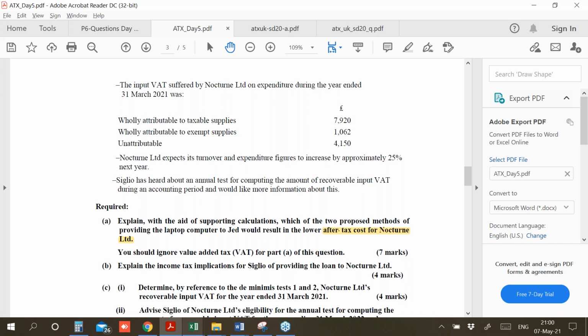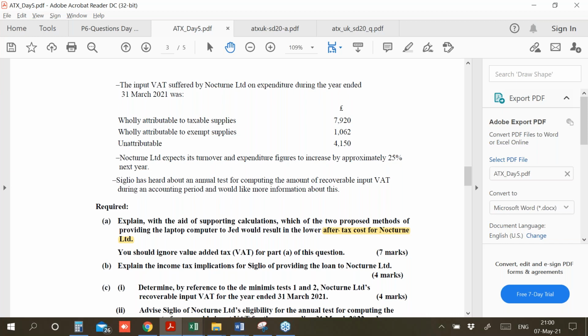Now, after making this calculation, you can show your working, but you have to explain. Do remember that I always tell you to imagine that the client is sitting in front of you.